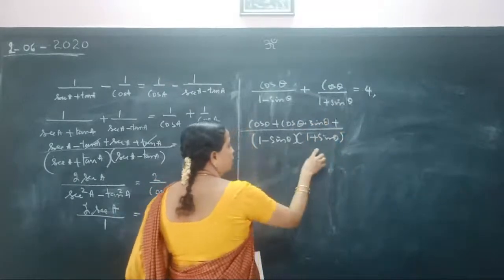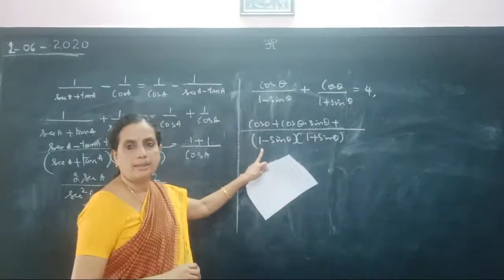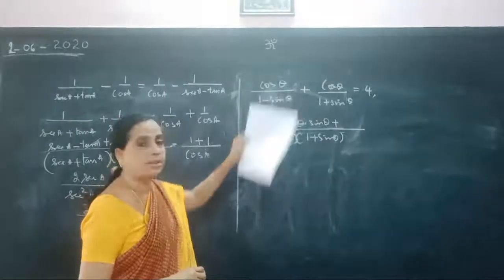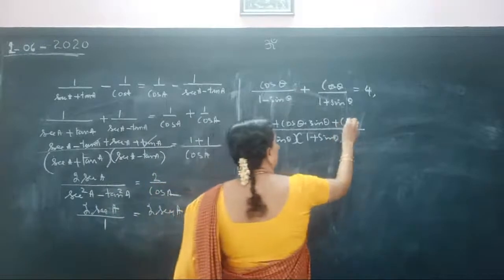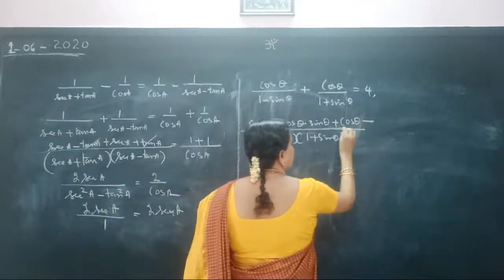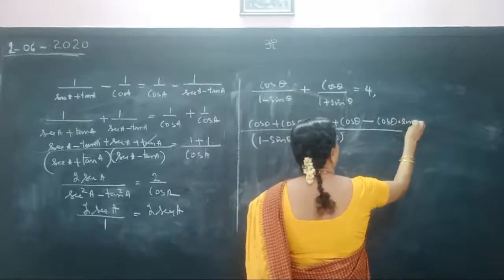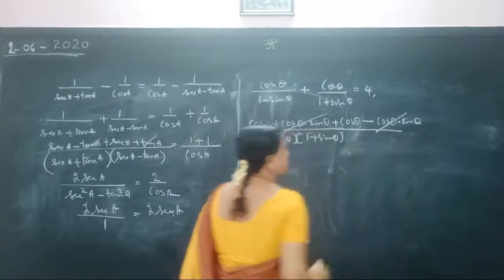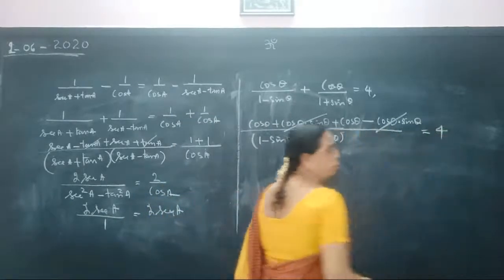Again cancelling, cos theta into, we have to multiply with 1 minus sin theta. So one way, or else in the beginning itself you can take cos theta as common, then also you can proceed. What we will get? Cos theta minus cos theta into sin theta. So plus cos theta sin theta minus cos theta sin theta, cancel and write equal to 4.